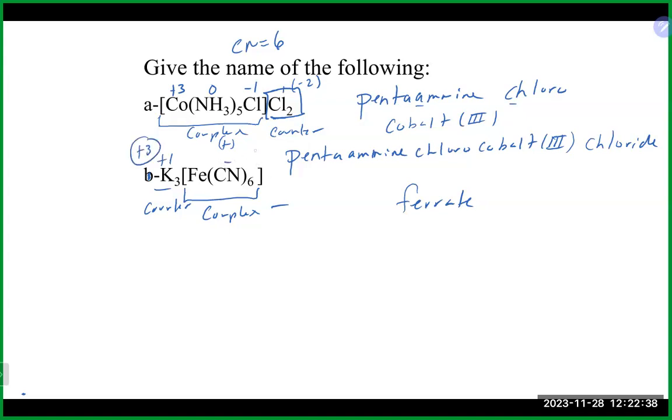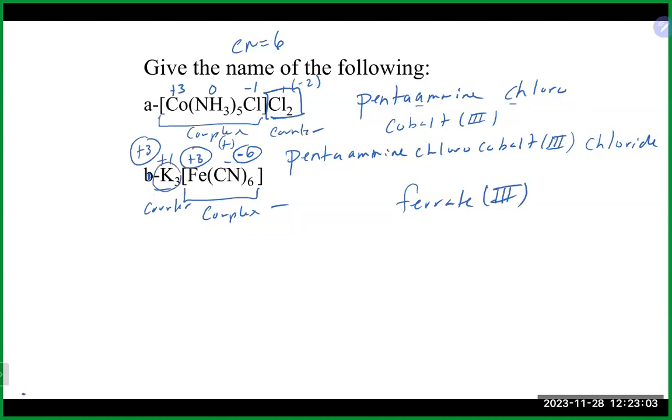Cyanide is -1, and there's 6 of them. So to balance that out, in this case, our iron will be carrying a +3 charge. Coordination number here will also be 6. It won't always be 6, but in this case it will be because we have 6 monodentate guys attaching. So we know that's going to be a ferrate(III) at the end of the name.